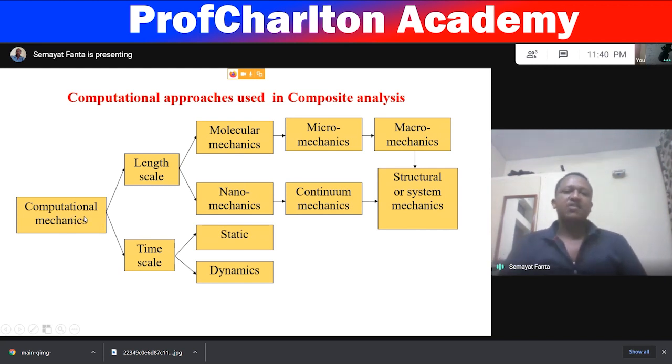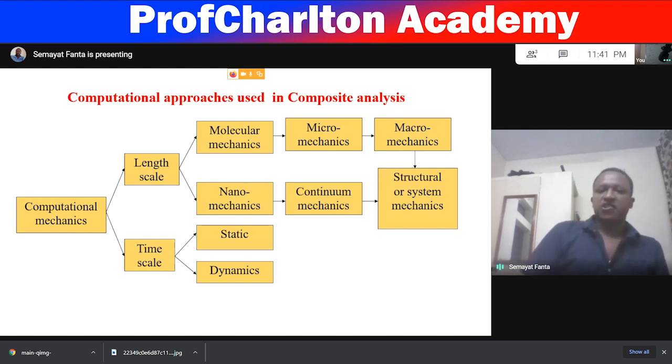The computational mechanics is also subdivided into time scale. The time scale analyses are divided into dynamic analysis and static analysis. When we say static or dynamic, sometimes it can be quasi-static based on the time of interaction.